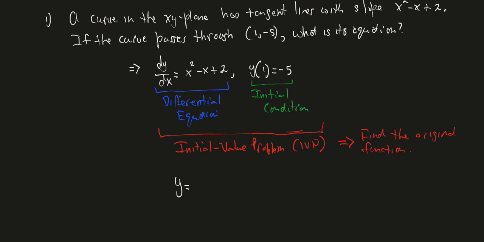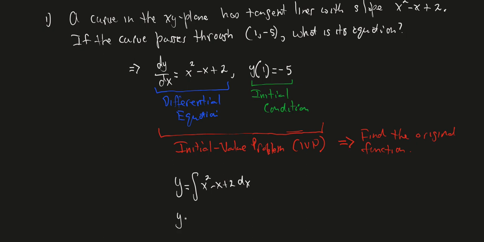So I have to find the antiderivative of x squared minus x plus 2 with respect to x. There is a function y that when I differentiate it will give me x squared minus x plus 2. If I want to figure out what y is, I have to do the inverse operation of differentiation, and in this case it will be anti-differentiation.